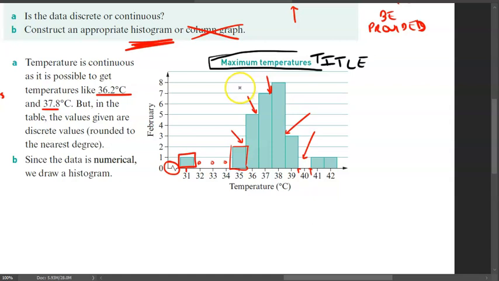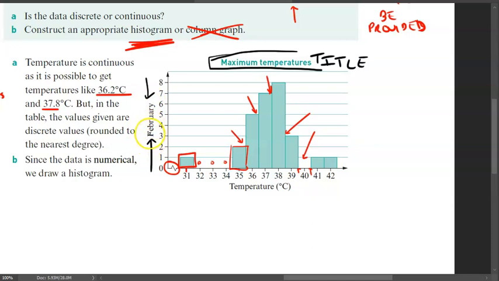The second thing you notice is that the y-axis and the x-axis, yes, they have numbers, but they also have context to those numbers. In this case, we're looking at the maximum amount of temperatures within the month of February, and that's going to go on the side.